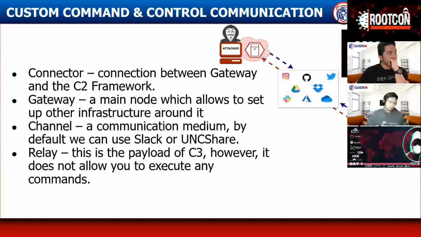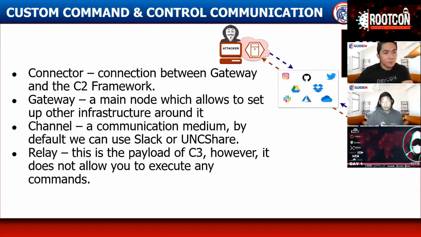We have here a diagram on how this works. The attacker uses these channels, and C3 acts as a gateway, which connects to the main node, which allows the other infrastructure around it, such as a C2.